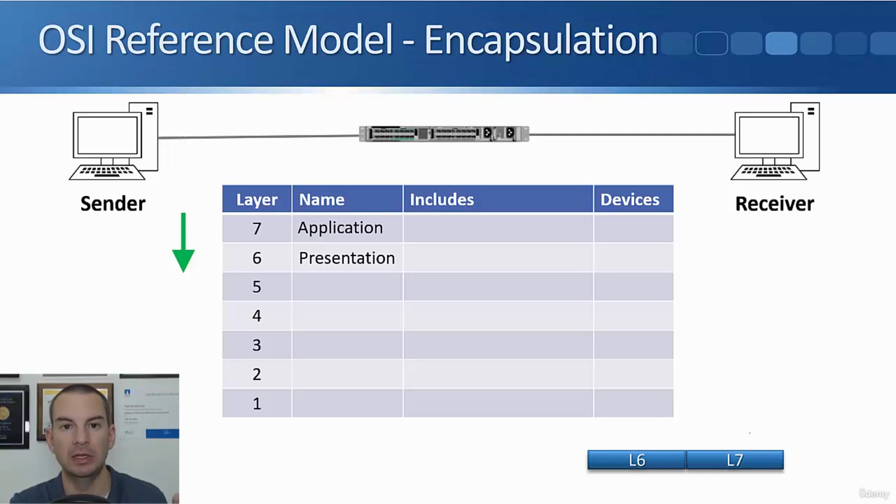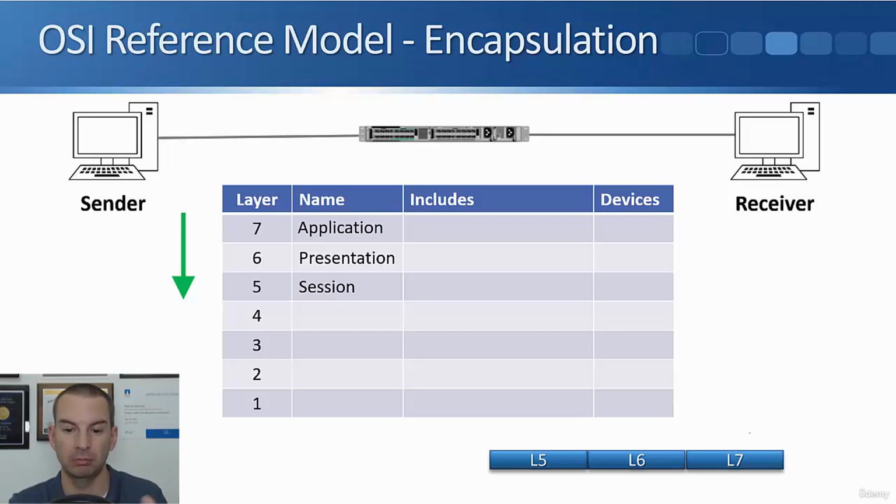Layer 6 is the presentation layer. And then it will encapsulate that in the layer 5 session layer information. Layers 5, 6, and 7 are known as the upper layers, and they're more important for application developers rather than network engineers. Network engineers start to get really interested when we get down to layer 4.